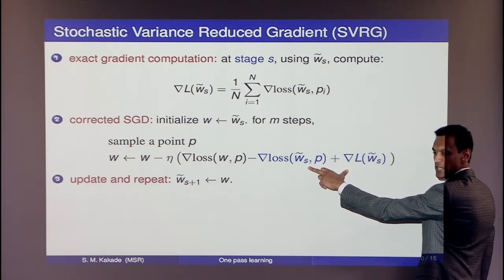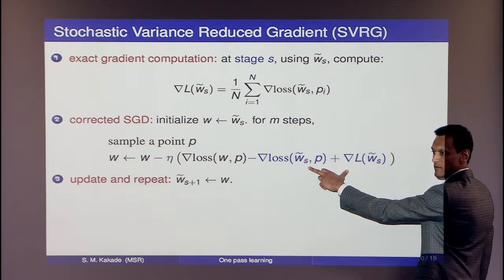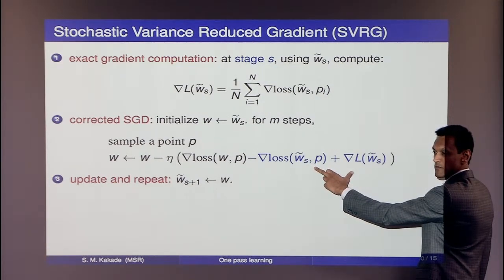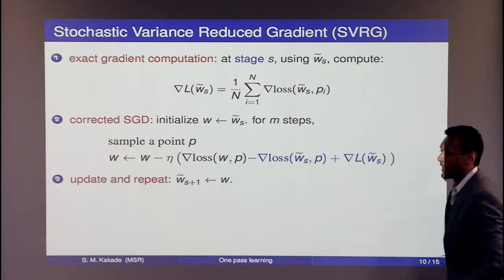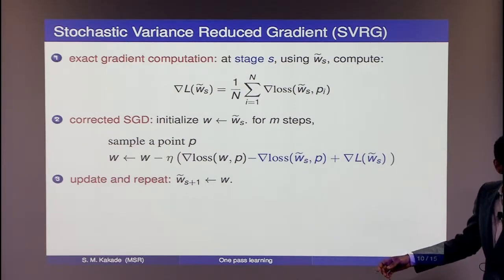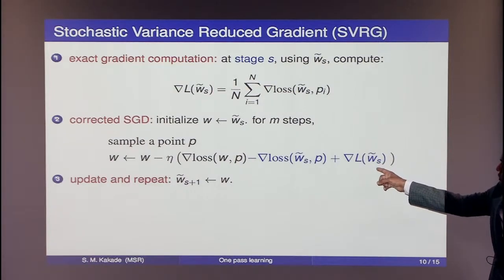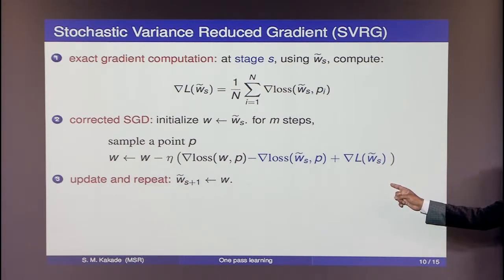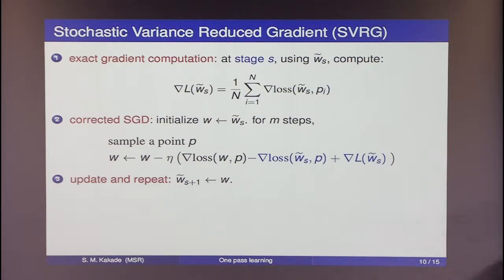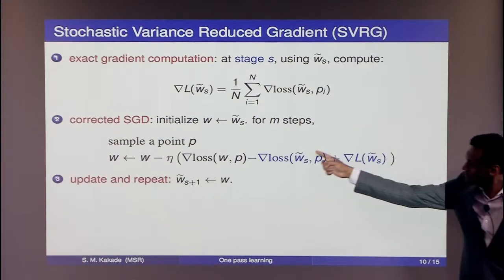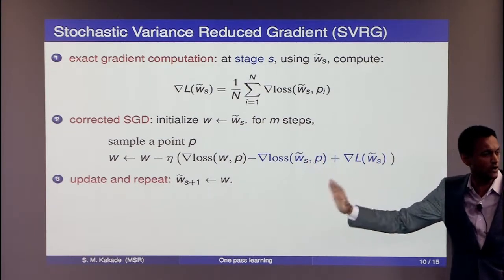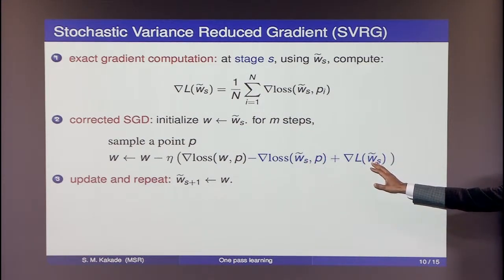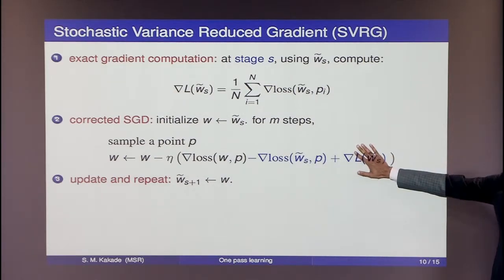What's the expectation of this blue quantity? 0. Think of W twiddle S as a best guess at the optimal point. We can take out this blue term, because it just means 0. We can always modify the algorithm this way. But it has the magical property that if we're at the right point, this is 0, and we don't move.